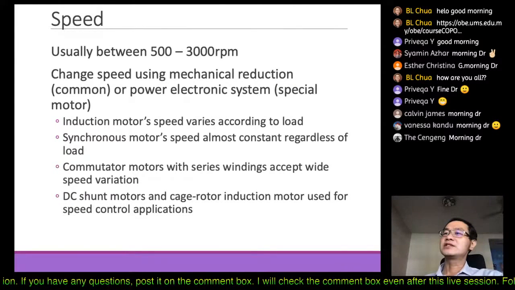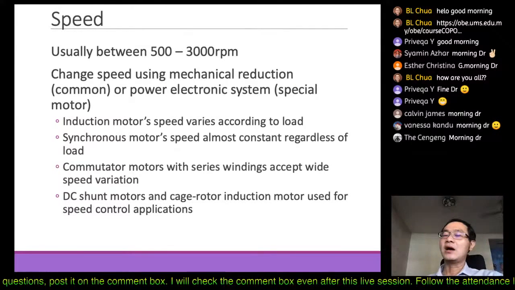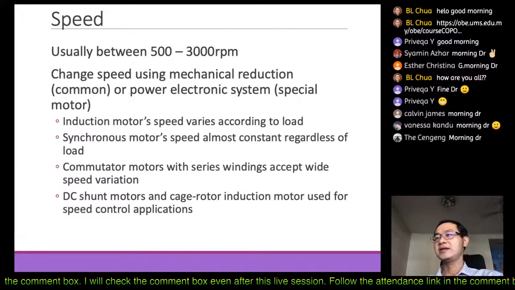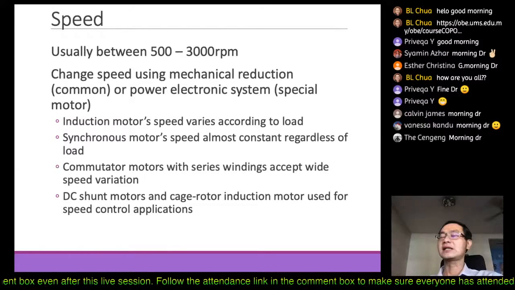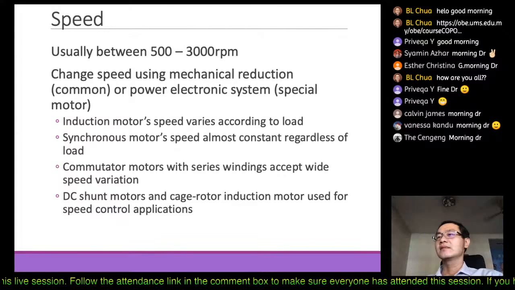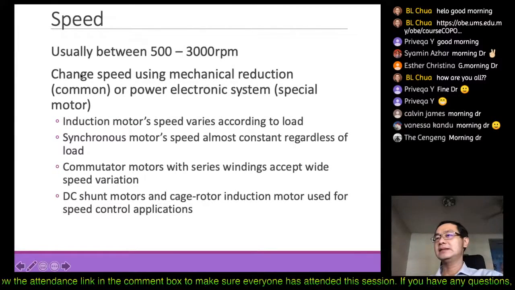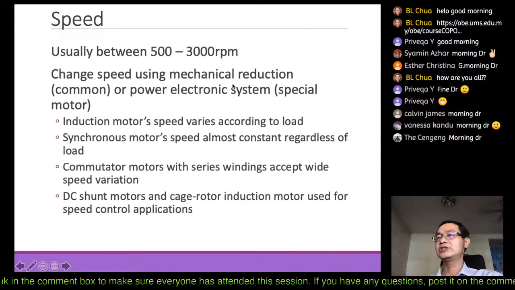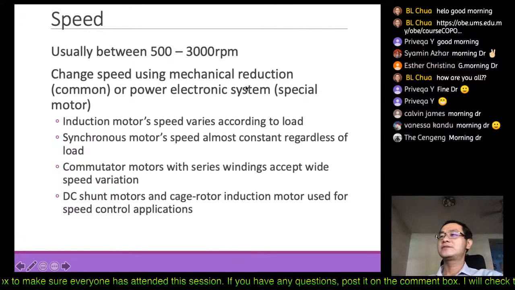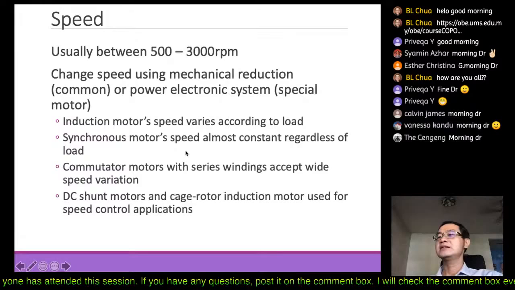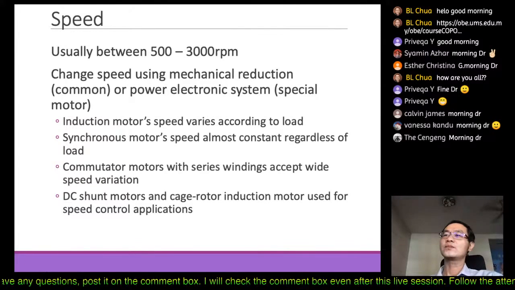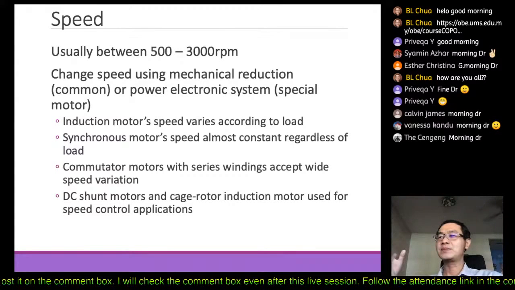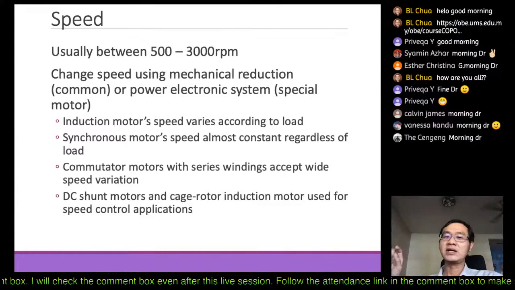Then the speed for a motor is generally around 500 to 3000 RPM, the normal typical speed for an electrical motor. Then changing the speed and other things is where you intend to reduce or increase the speed and the torque according to the load, right?